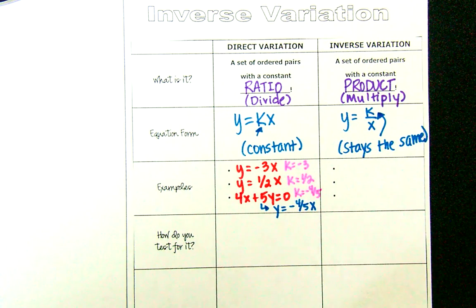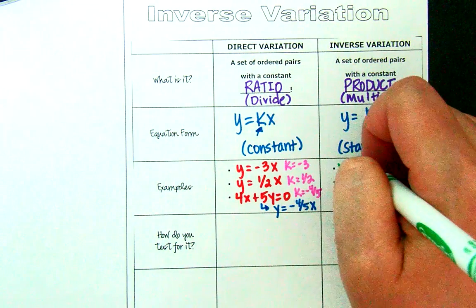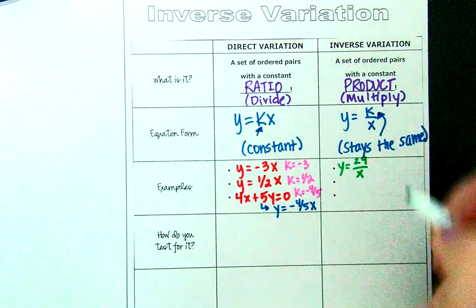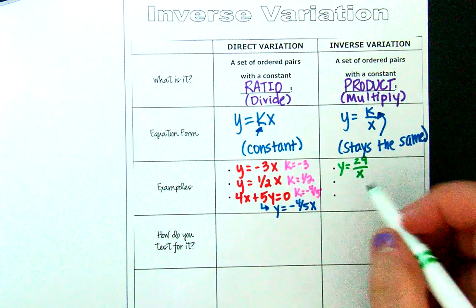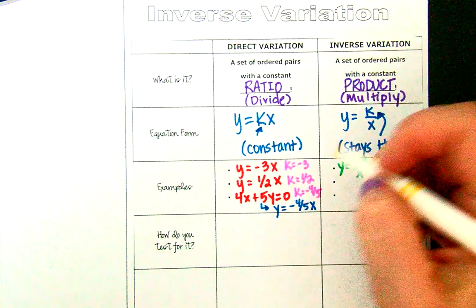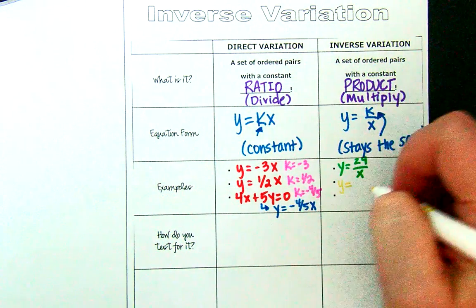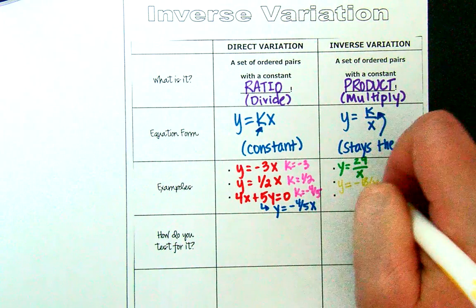Now, let's look at inverse. An example would be y equals 24 divided by x. Another example would be y equals negative 18 divided by x.